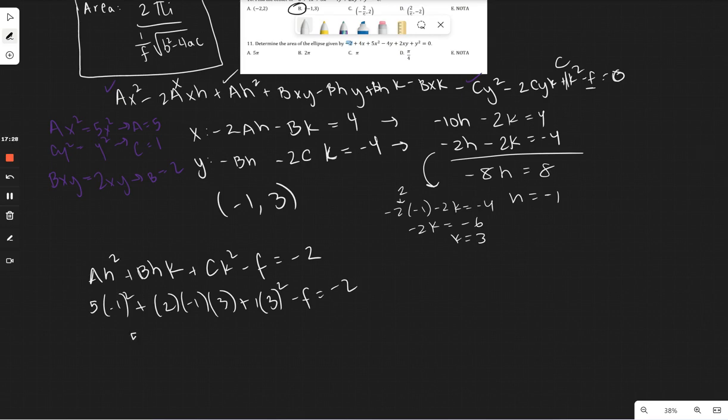So we get 5 minus 6 plus 9 minus f equals -2. What is this? 8 minus f equals -2. So f equals 10. Okay, awesome. Now we can plug this into our equation up here.